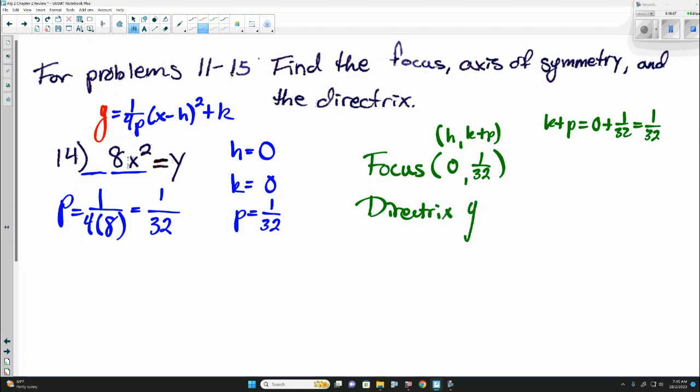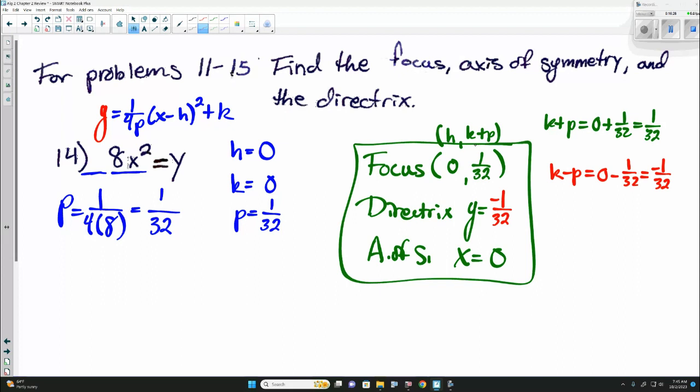Our directrix will be y equals, well, k minus p, 0 minus 1/32, which is negative 1/32. And our axis of symmetry, x equals h, in that case it's 0, and we get this here.